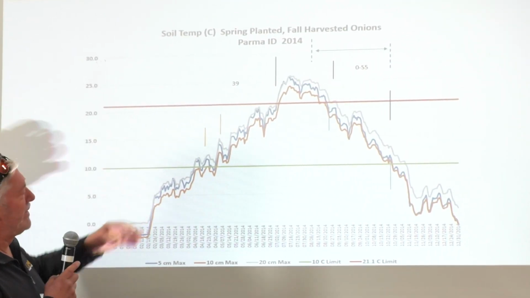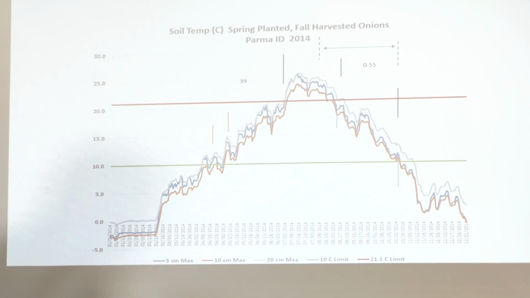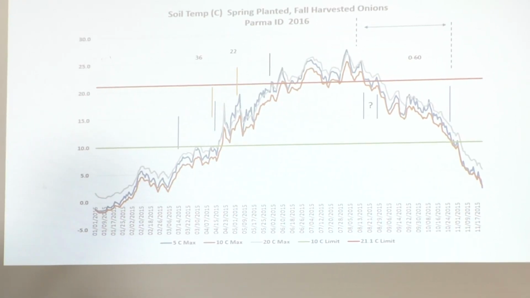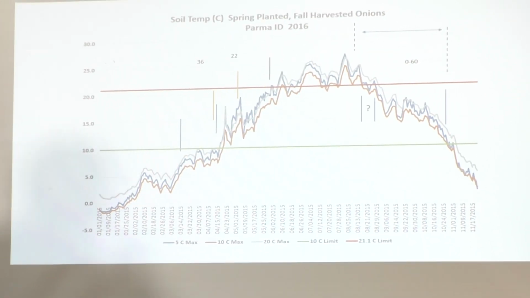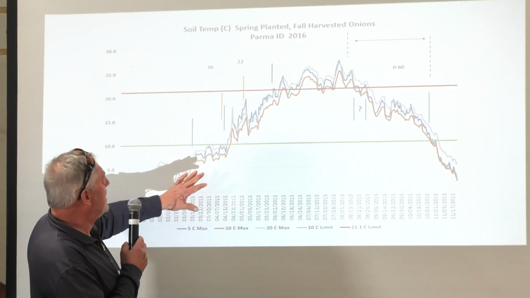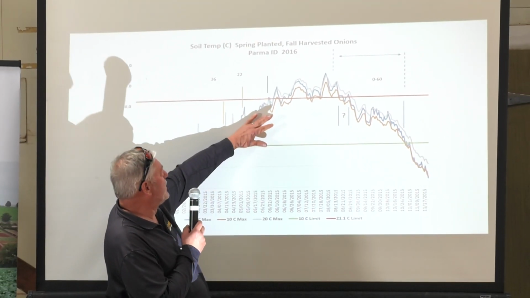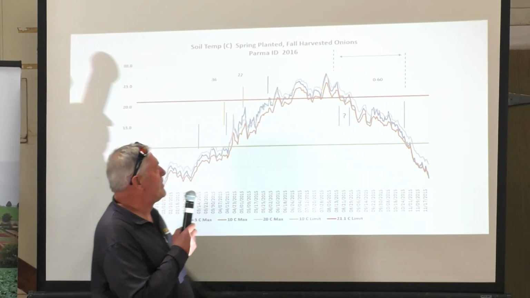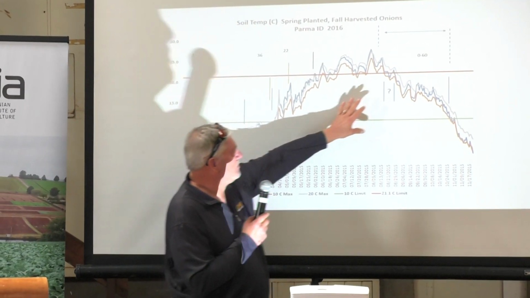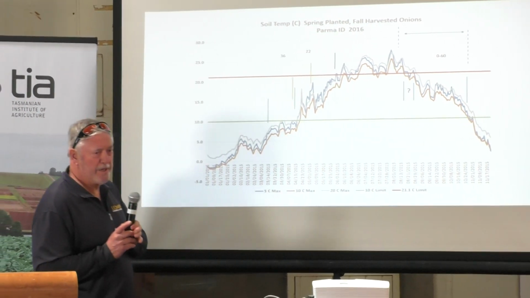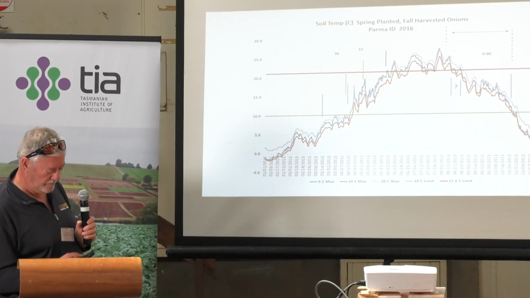And so, that didn't convince them totally. This is just another year showing the same data. Again, it had this window of opportunity, but it runs into this hot temperature zone, and then there's nothing left to recur in the fall.